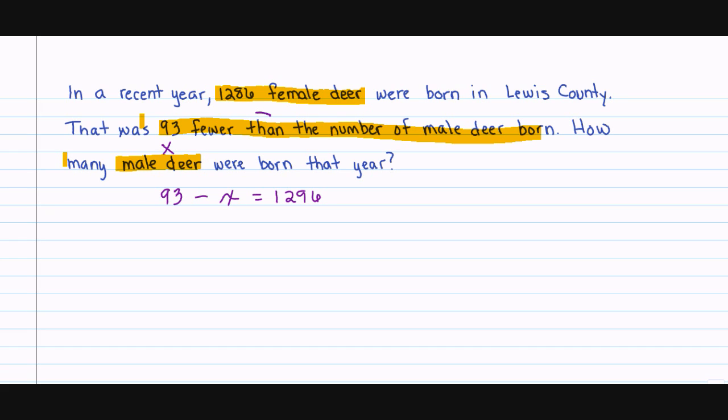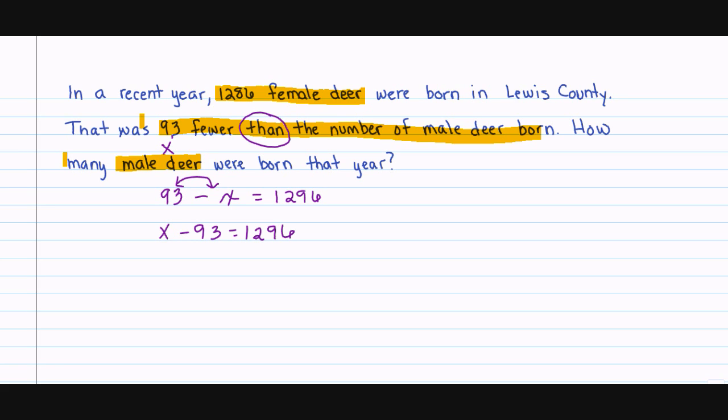Now, I have the word than in there. You understand where I wrote it? I took this sentence and I read left to right. 93 fewer minus than the number of male deer. Okay? Now, I need to switch these. So it's really saying x minus 93 equals 1,286 female deer.